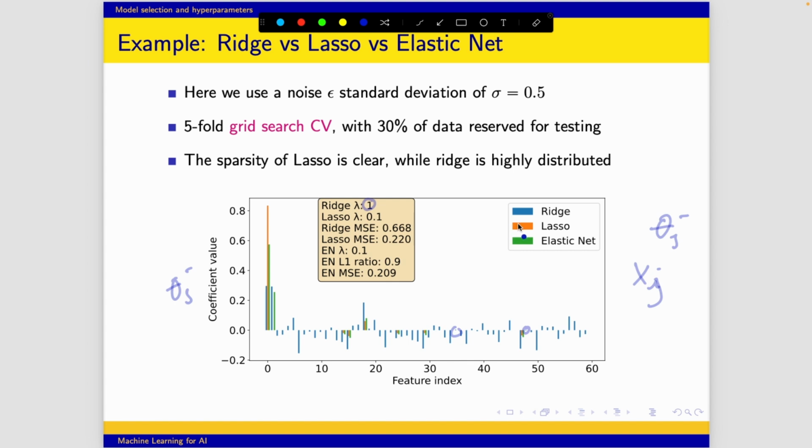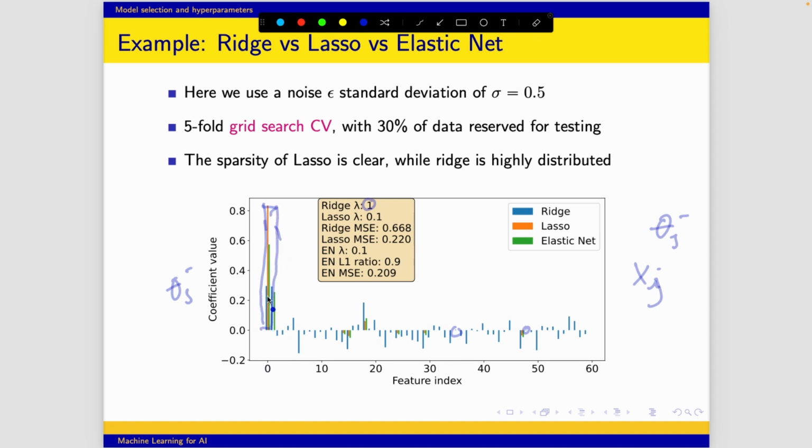What about Lasso? Lasso sets most of them to virtually zero. There are a few notable ones. This one is pretty small, almost zero. This one is notable, and so is this, and there are a few more here. But it has essentially selected the first one.